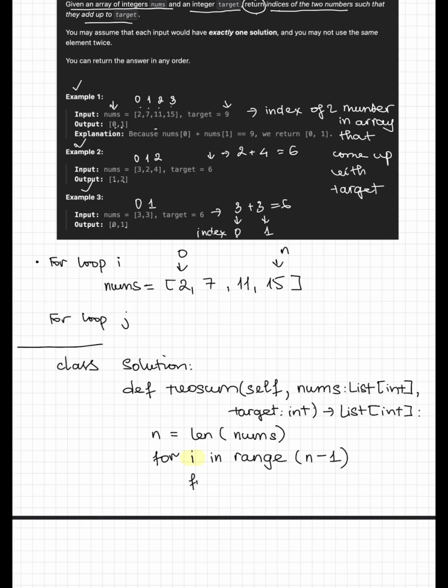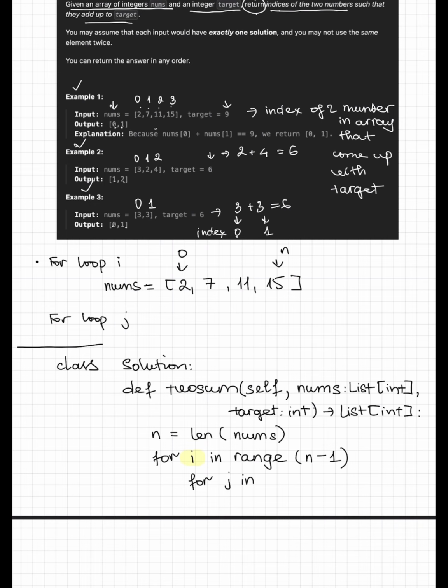the next for loop for j. For j, we cannot let the pair use the same start. It means that j should start immediately after i.